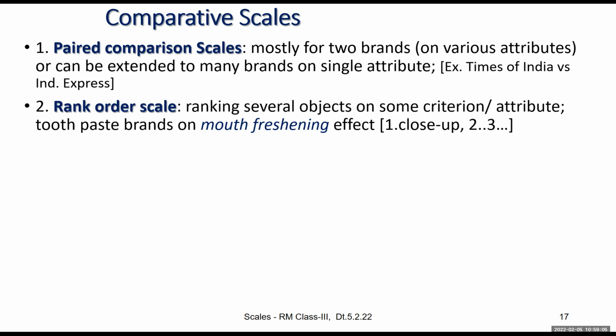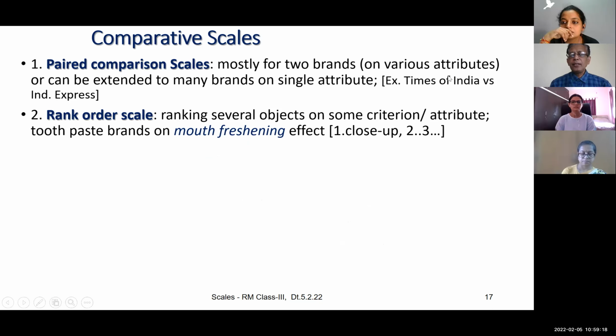But when you are comparing one attribute, the mouth freshening effect of those toothpastes, and you ask the customers to put them in an ordinal scale. Maybe like Close-up, you put it as the most preferred when I think of mouth freshening effect, and what is the next, what is the next, what is the next. So that is called a rank order scale.